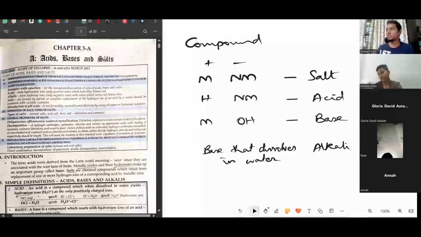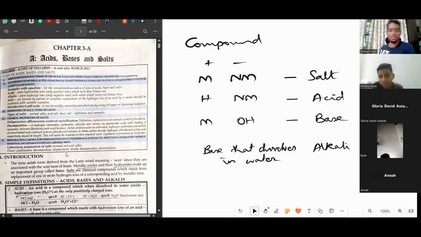Acids, bases, and salts. Good. What's an acid, everyone? The positive ion is hydrogen, negative is non-metal. What's a base? Where the positive ion is metal, but the negative ion is OH. And what's a salt? Positive is metal, negative is non-metal.